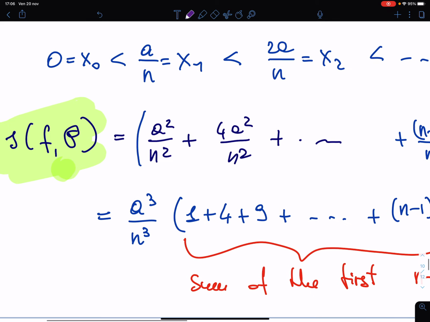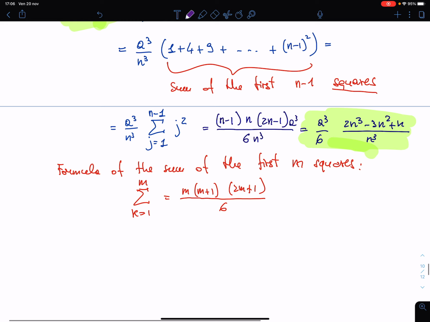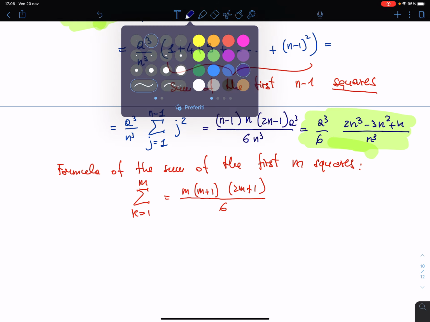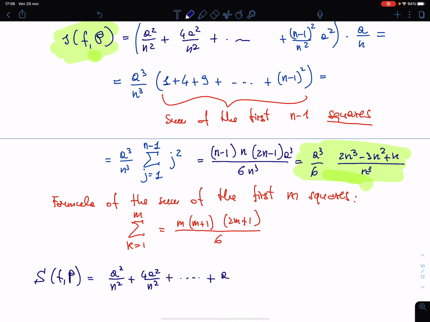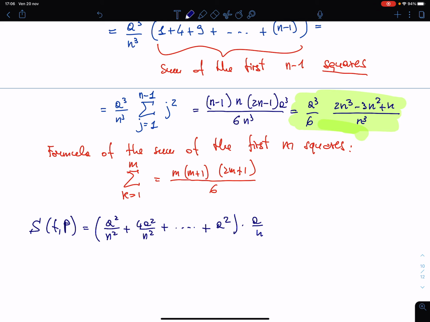So the upper sum is capital S Fp is equal this time to a squared over n squared plus 4a squared over n squared plus dots plus a squared times a over n. And this is the sum of the first.